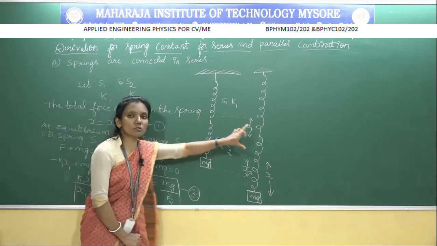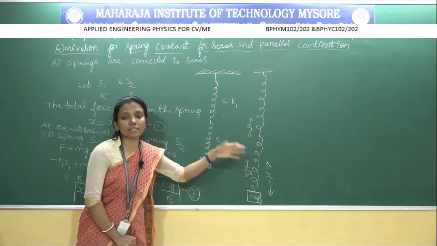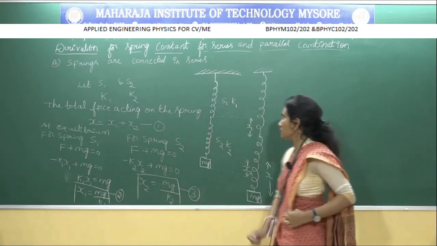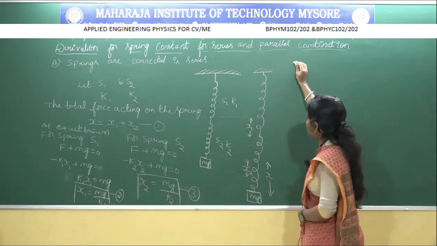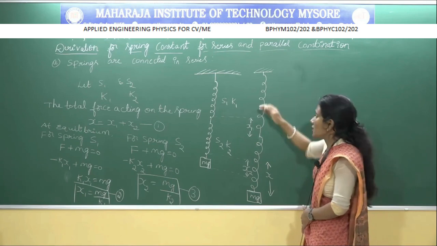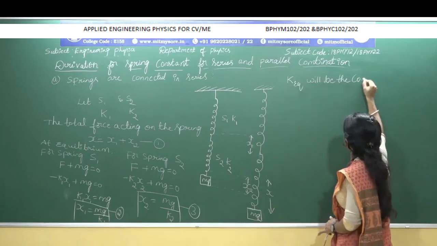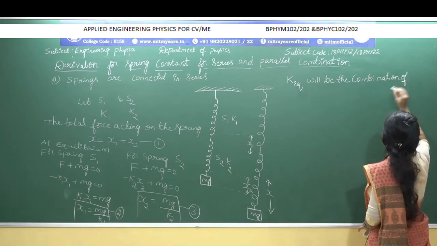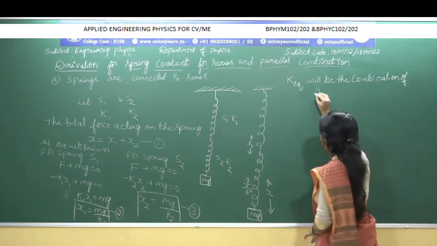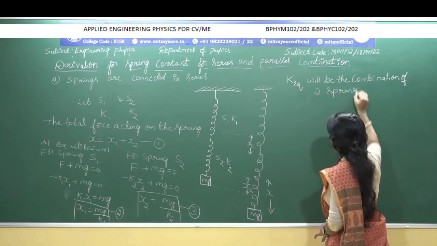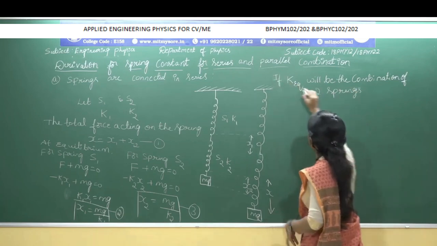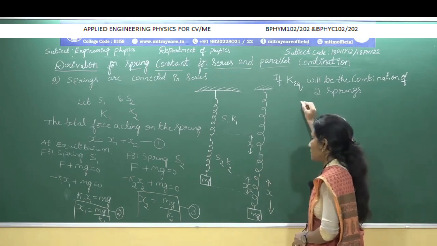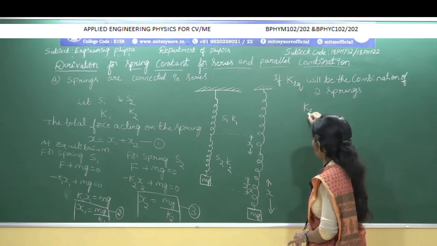Okay. So there, when the two springs are connected end to end, then what will be the equivalent? K equivalent, that we used to represent it by. So when we consider two springs, we used to represent the combination of two springs by K equivalent.